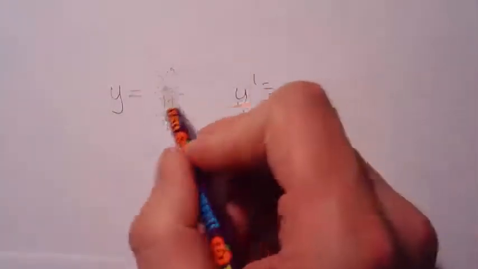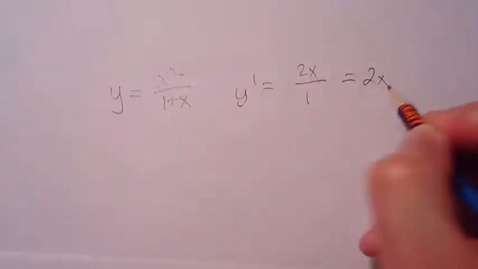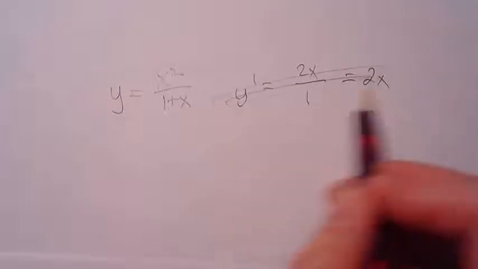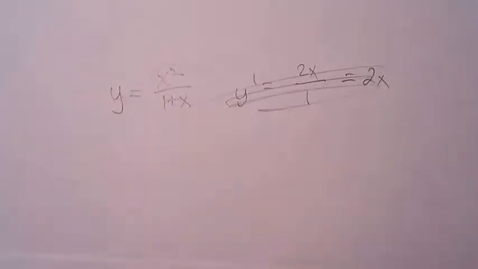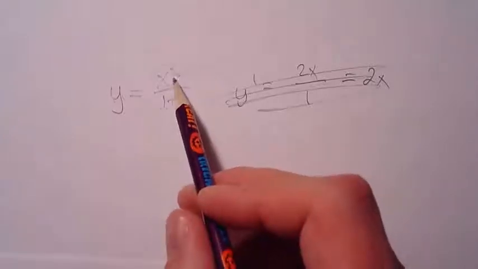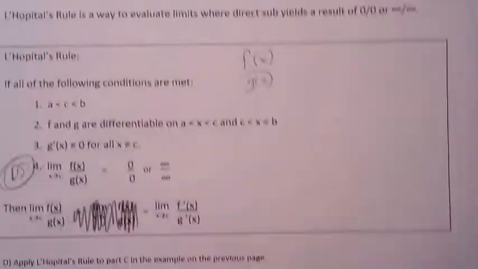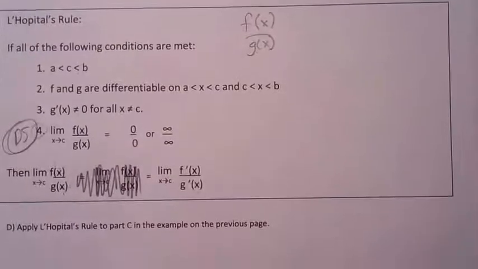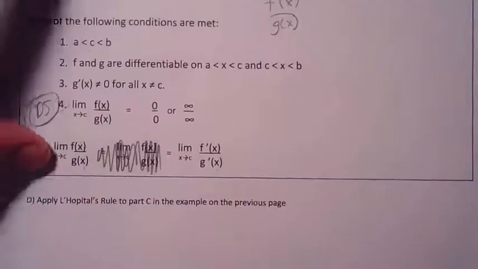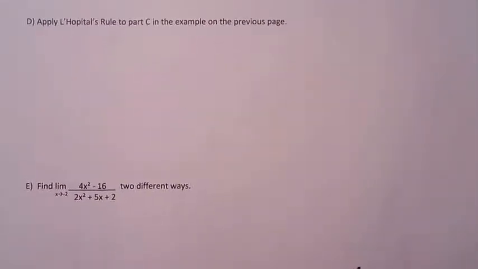Before we talked about quotient rule, people would probably just assume, well, you do derivative of the top, and you do derivative of the bottom. And that's wrong. That's not how you get the derivative of y. You use quotient rule. But with L'Hopital's rule, it works. You would just take the derivative of the top and the derivative of the bottom. It's like doing the quotient rule the wrong way. That's how L'Hopital's rule works. But it gives you something completely different than the quotient rule does.